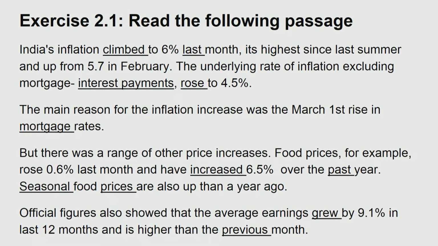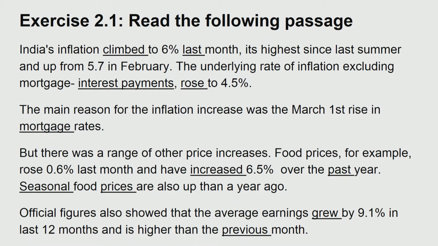India's inflation, and pay particular attention to the words that are underlined, because the next exercise would be based on the underlined words. India's inflation climbed to 6% last month, its highest since last summer and up from 5.7 in February. The underlying rate of inflation excluding mortgage interest payments rose to 4.5%.